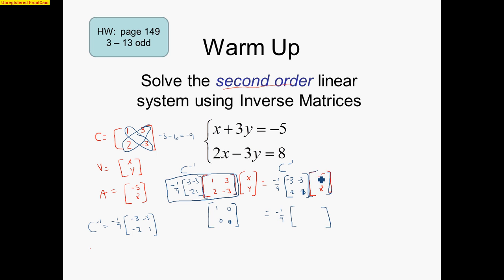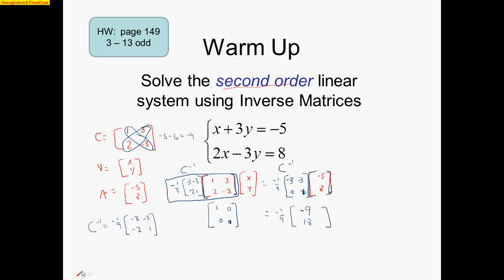So negative 3 times negative 5 is 15. Negative 3 times 8 is negative 24. 15 minus 24 is 9. But it was positive 15, negative 24, so this is negative 9. Then I have positive 10 and 8, so that's positive 18.